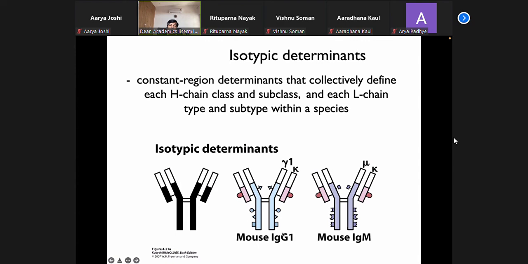Depending on what heavy chain you're utilizing, these are going to be different. This is called an isotypic determinant, in other words, you call them isotopes. It's not like a radioactive isotope. It's the other name of isotypic determinants.